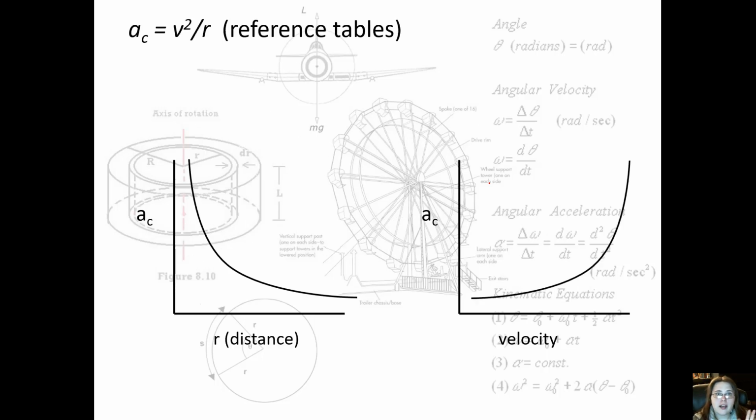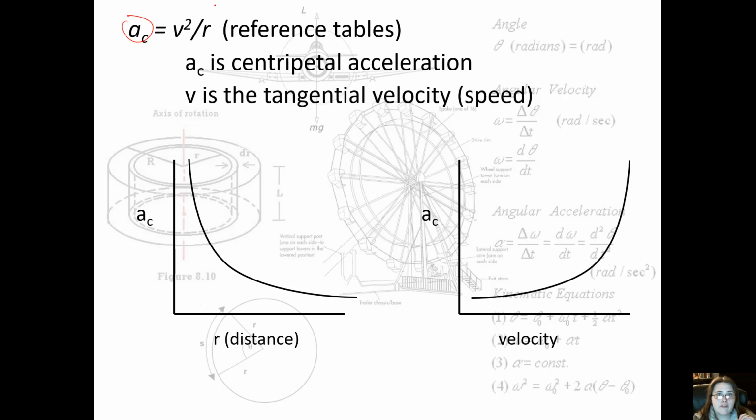So then we have our equation. The centripetal acceleration is equal to v squared divided by r. This is in your reference table. The centripetal acceleration is a sub c, v is the tangential velocity or speed, and r is the radius.